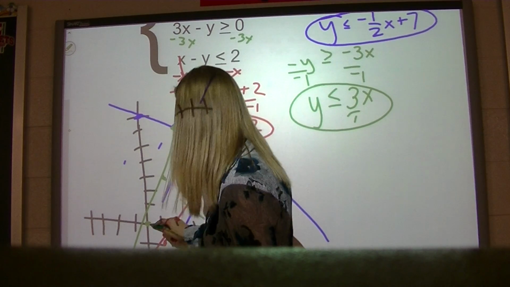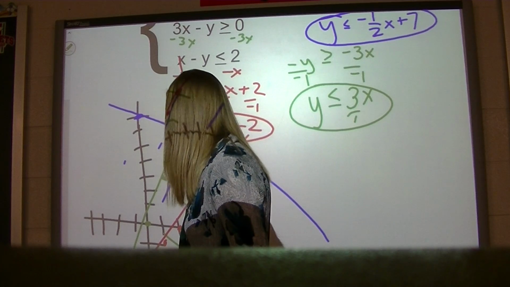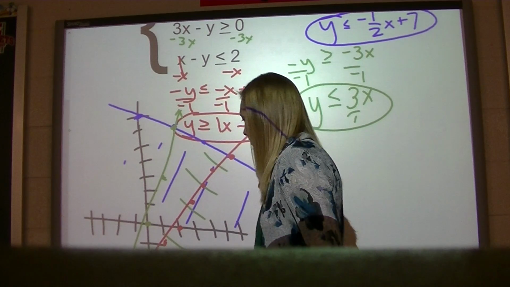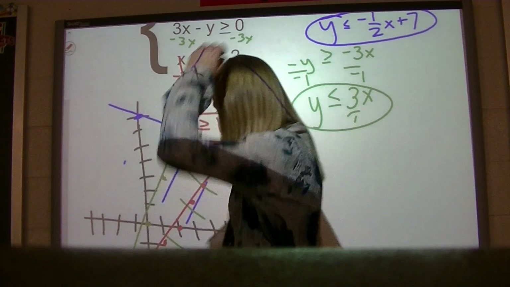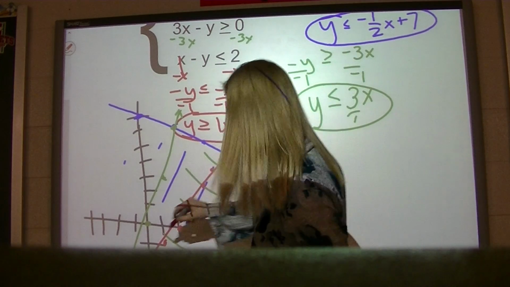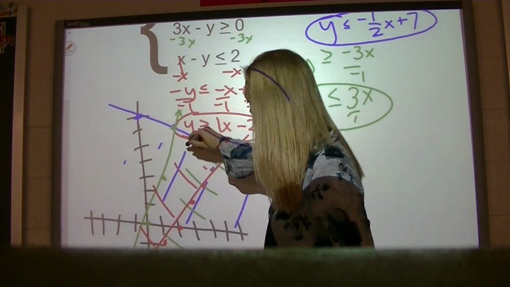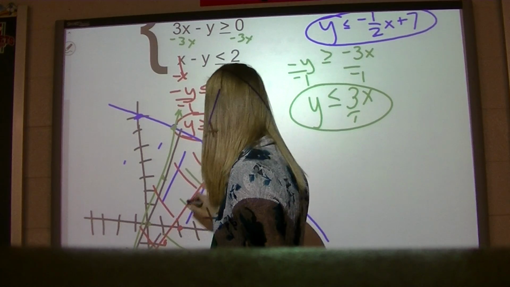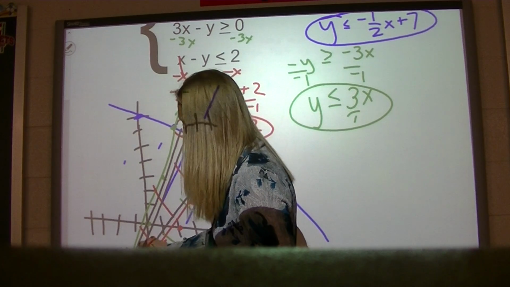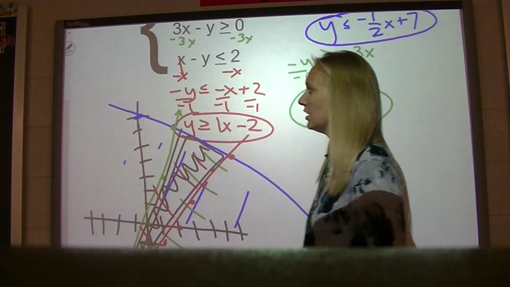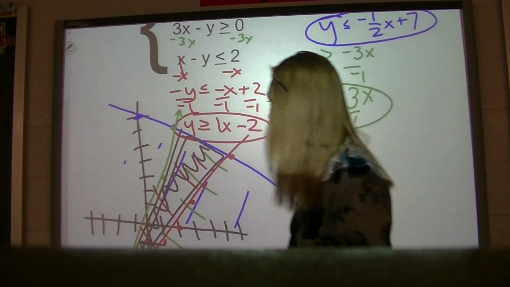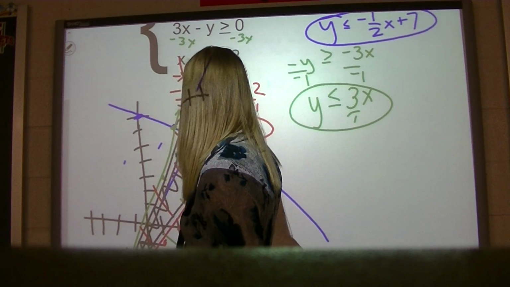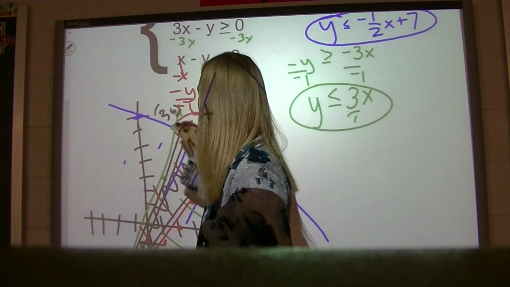I need to find this vertice yet, so I'm going to go down. The green is down 3, left 1. Okay, and this will be down 1 over 1. Okay, so I have, and again, this is greater than, so it'll be shaded above it. So we can easily identify that this is our feasible region right here. So the vertices of my feasible region are 2, 6, the corners basically.